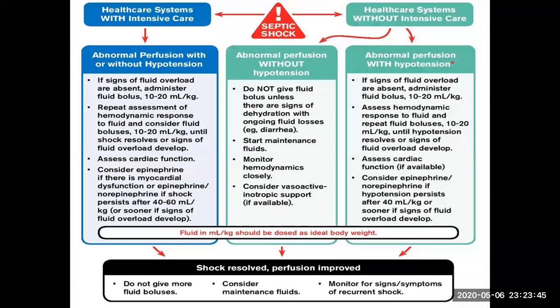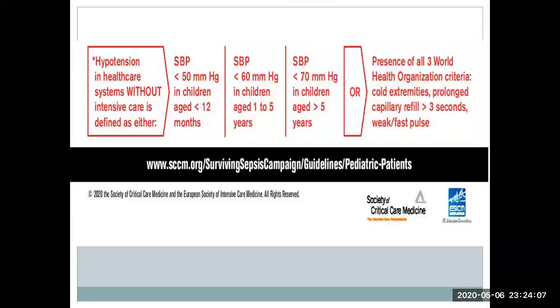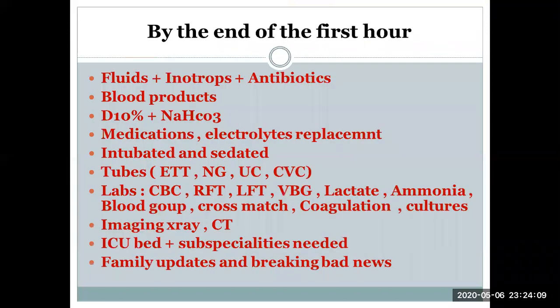And this algorithm, again, speaks about the same problem list that we have been talking about, a problem with fluid and with or without hypotension. The first column is talking about the fluids and the titration of fluid accordingly. So this is a summary.